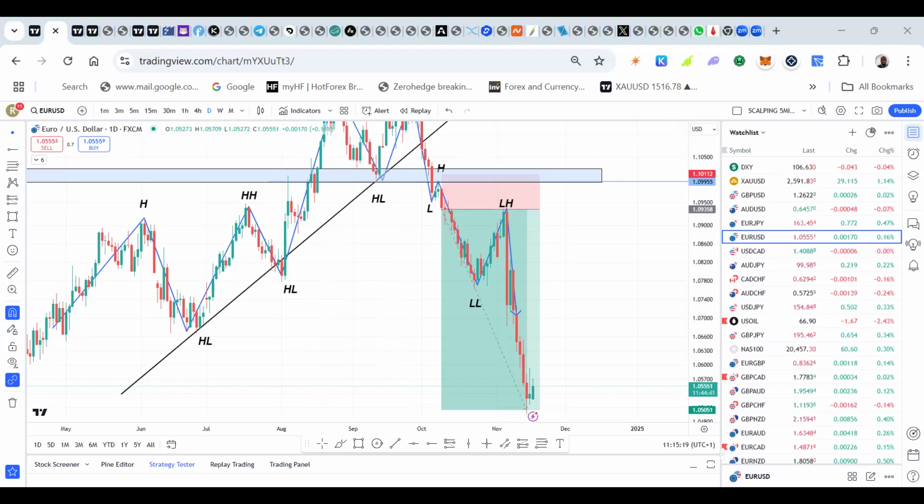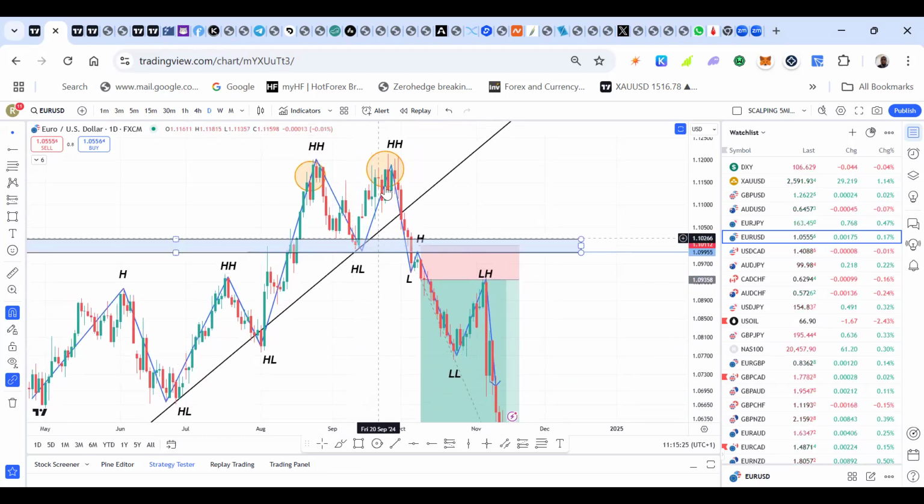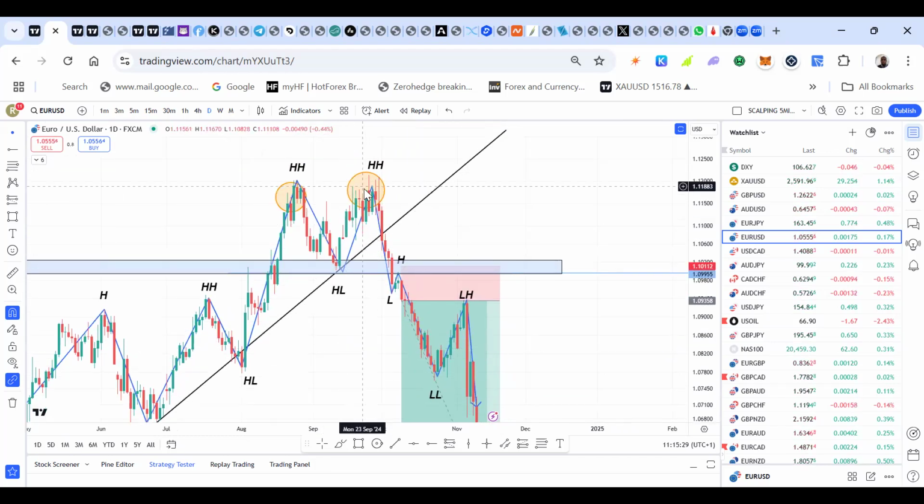wicks. Wicks, you want to look at wicks. Okay, so now if you look at this place, let me remove this guy. If you look at this place, you will see that there are multiple wicks here. All these are wicks. The shadow of the candle is called wick.